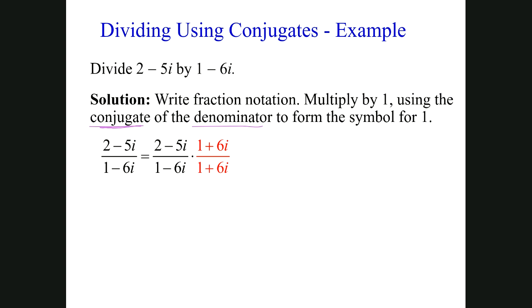All right, so my denominator is 1 minus 6i. What is the conjugate? The conjugate will be 1 plus 6i. But you have to multiply the same thing on the numerator. We call this multiplying by 1. If I have 100 times 1, I still get 100, still equal to the previous one.